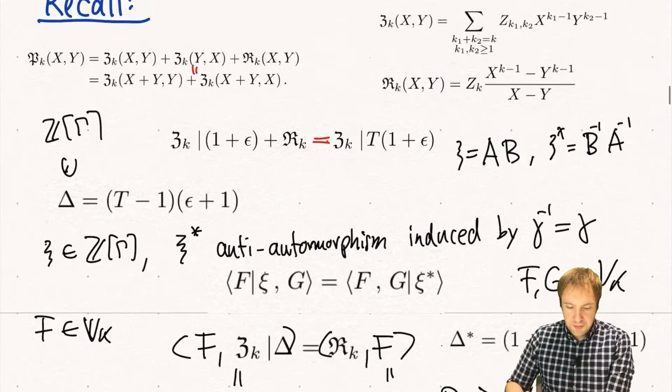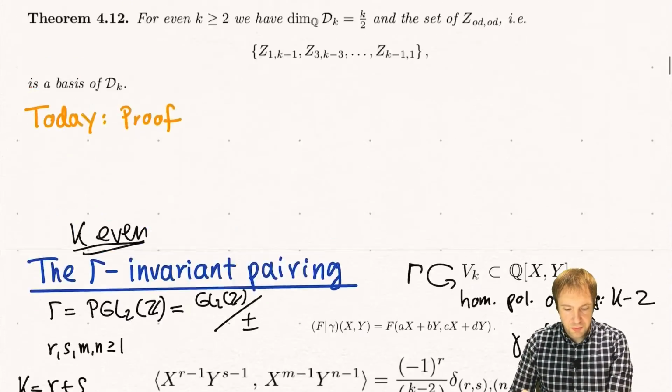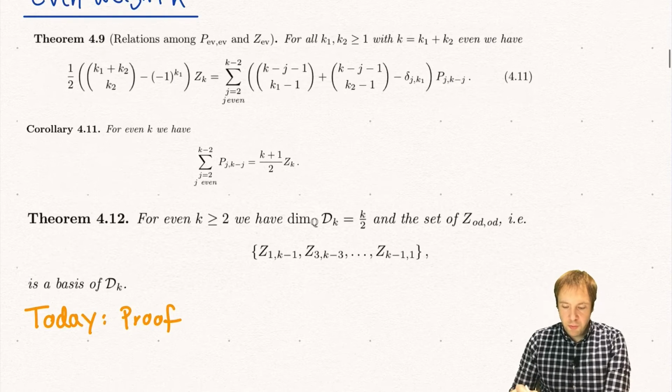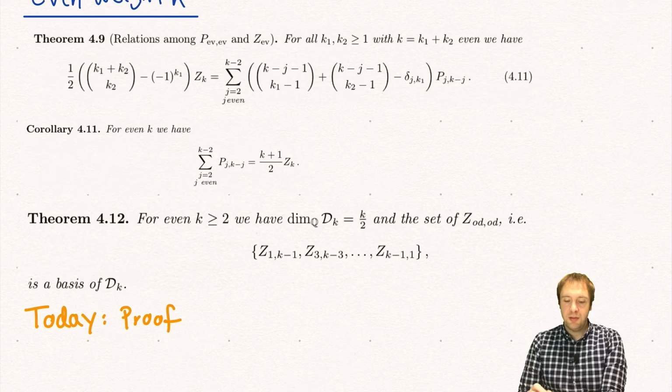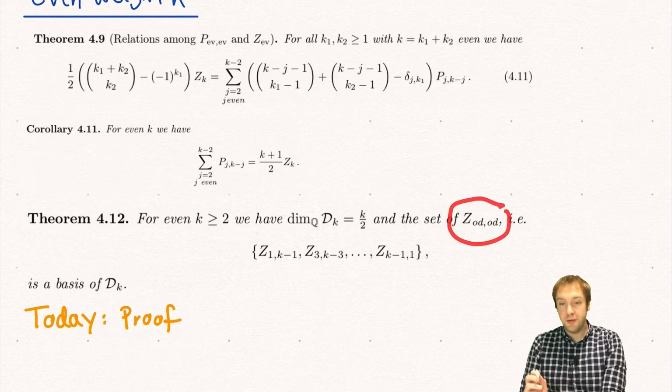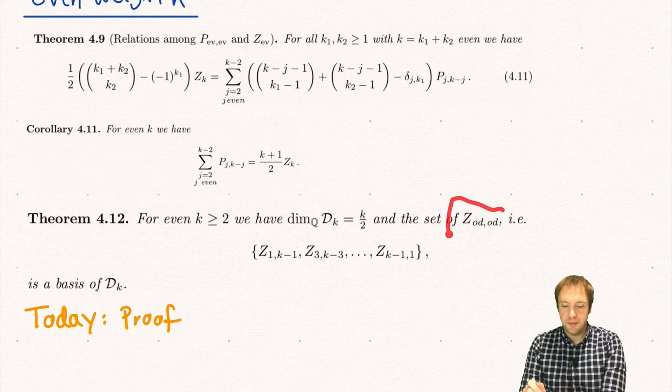So now let's go back to what we actually want to do. We want to prove this theorem here, and for this we want to show that these z odd odds are a basis, and therefore we need to write anything in the space as a linear combination of these z odd odds.